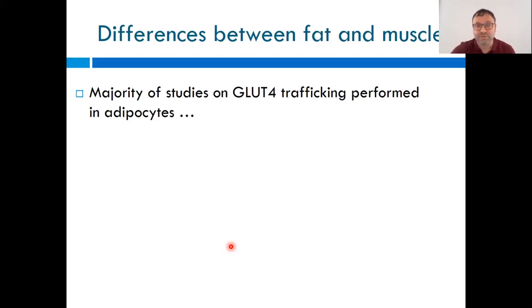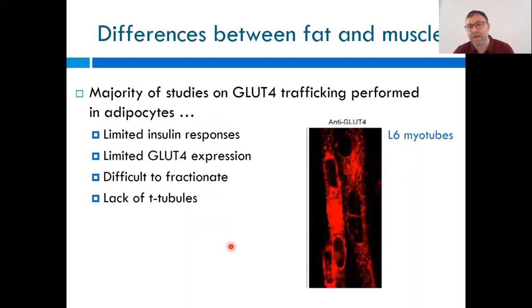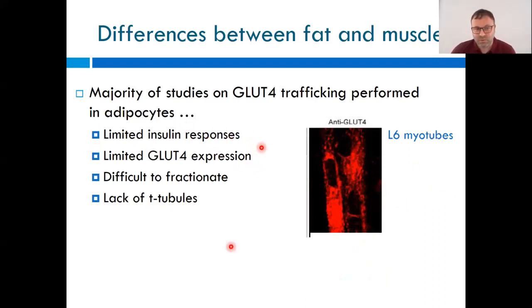In contrast, in muscle, we don't have such good cell models. And although we and others have used the L6 myotube model shown here as a muscle cell model for studying GLUT4 trafficking, this is somewhat limited because they don't respond to insulin quite so well.